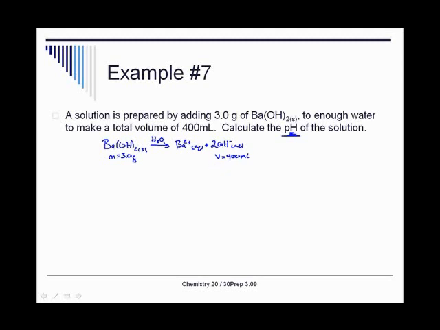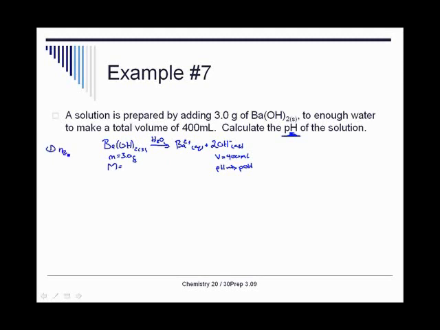And now what I want is pH. Now pH, the only thing in this formula related to pH or close to is my hydroxides. And remember, the pH, the only way we can find it is from pOH when we're dealing with a base. And so if we have OHs in our equation, we can only find pOH, and then we can find pH. So what we're going to do is find the molar mass of barium hydroxide, and then we can do kind of the same thing we did before.